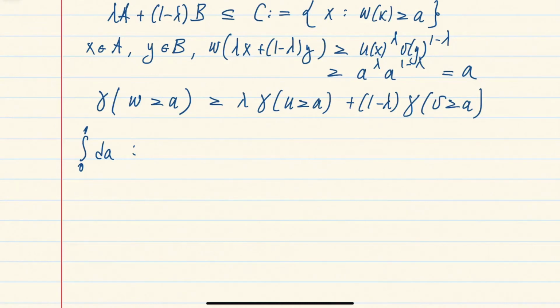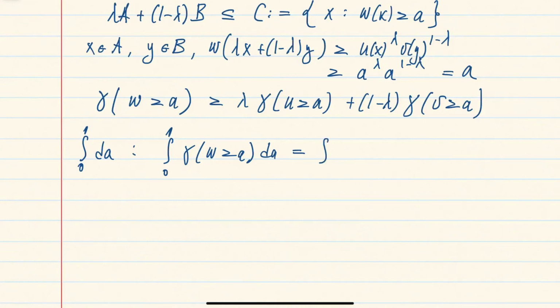So when you integrate, let's say, the left-hand side, the measure that w is greater than a with respect to a, of course, here we can use our usual observation that the integral of the tail of the measure is equal to the integral of the function with respect to the measure.